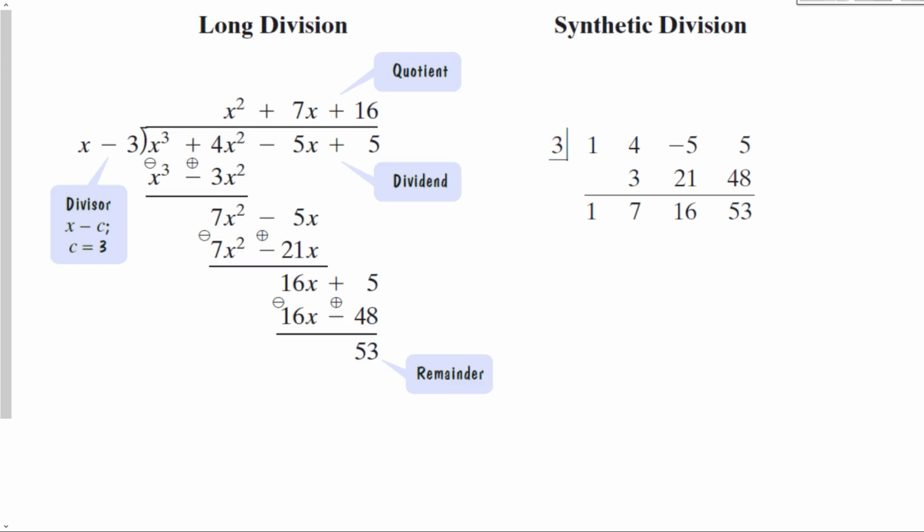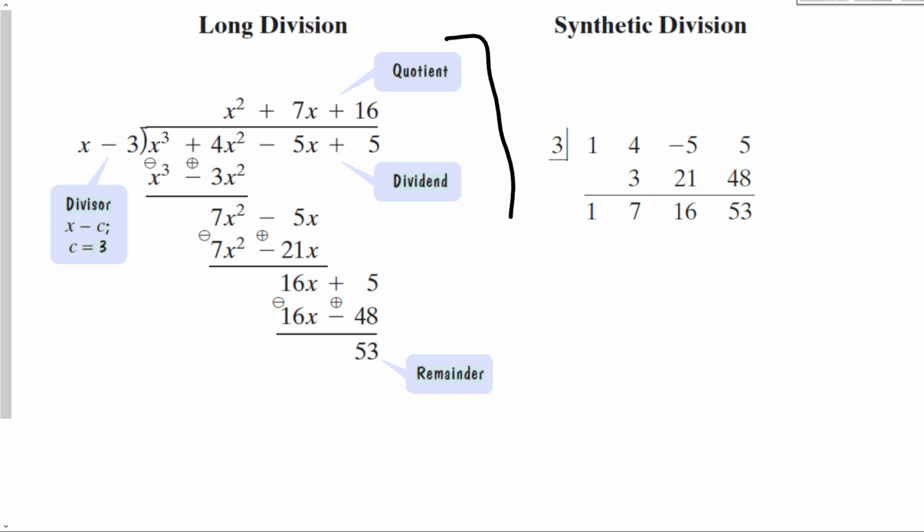So long division, we see that we have my divisor, we have my dividend, we use our little algorithm, right? Multiply, divide, multiply, subtract, bring down, divide, multiply, subtract, bring down, bring down to get my remainder.